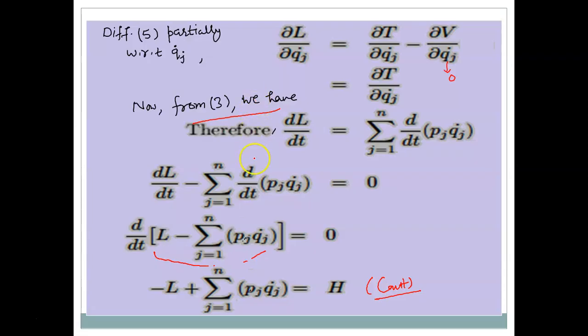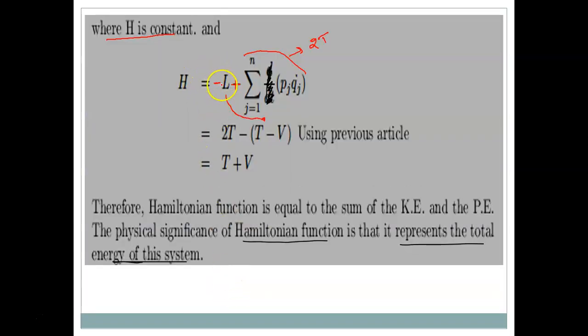So this minus L remains as such, minus L we can write as T minus V, and this quantity is 2T. After simplification we get h is equal to T plus V. That means the Hamiltonian function is equal to the sum of kinetic and potential energy. Therefore, physically, the Hamiltonian function represents the total energy of the system.